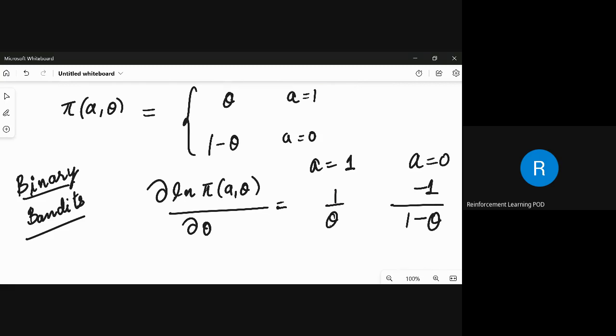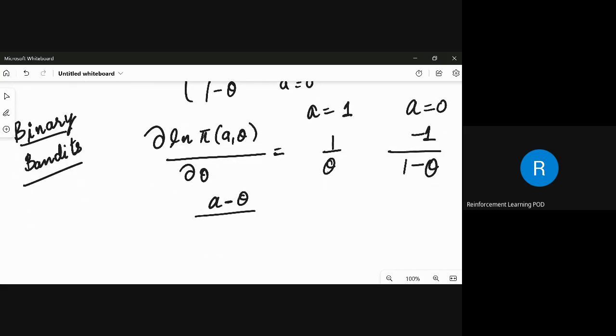Okay, in the lectures you will also see that there's an easier method to write it in a combined formula, which is something like A minus theta divided by theta times 1 minus theta.